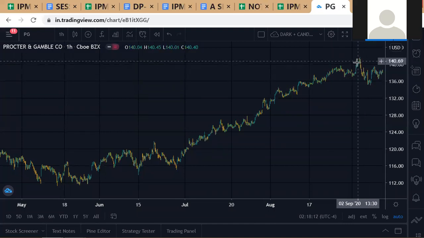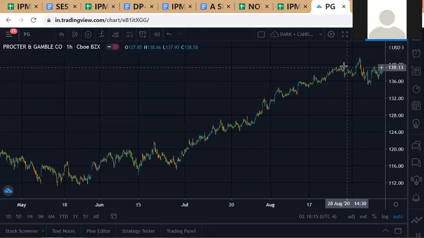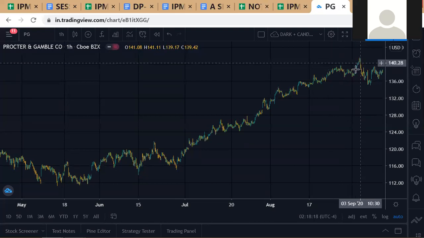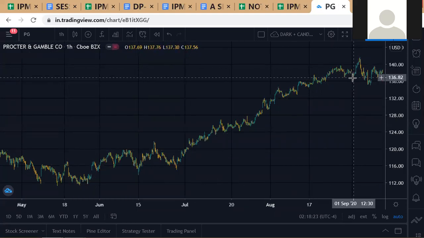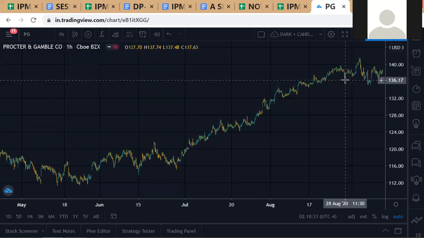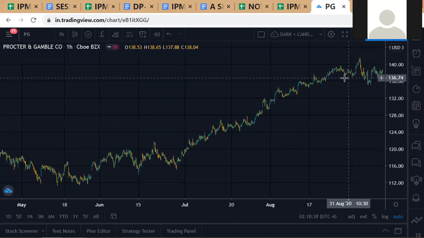Anybody who had gone long at this point, as a new uptrend, as the uptrend continued, or anybody who was long even from earlier, his stop on the long position, that is the exit price with loss, will necessarily be here, because this is the point which, if it is broken, if the price goes below this, then the condition of higher lows is no longer maintained, and so the long position was being maintained. So what is the logic for this? I told you many times that when you go long, this should be your stop.